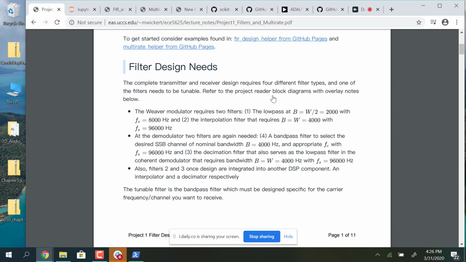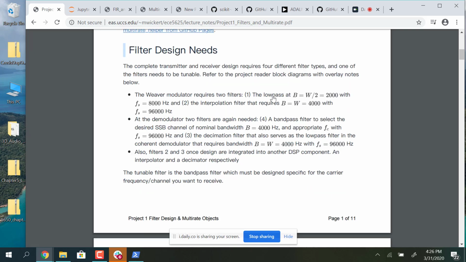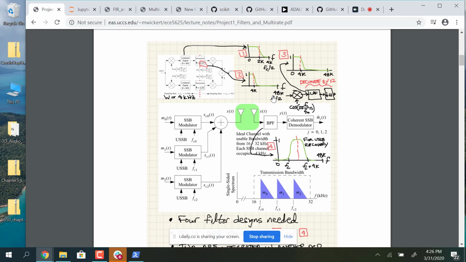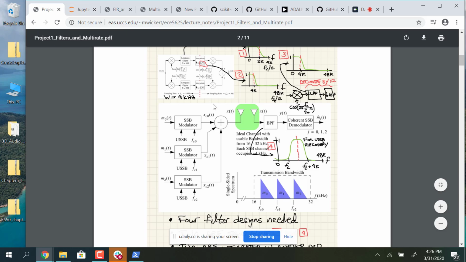So I lay it out here with these bullets, but pictorially I created this nice little hand-drawn picture right here. Do I need to zoom that to help you see it better? Or is it okay? It's fine. Okay. So I go through the entire block diagram down below here, and then I point out where filters are needed.